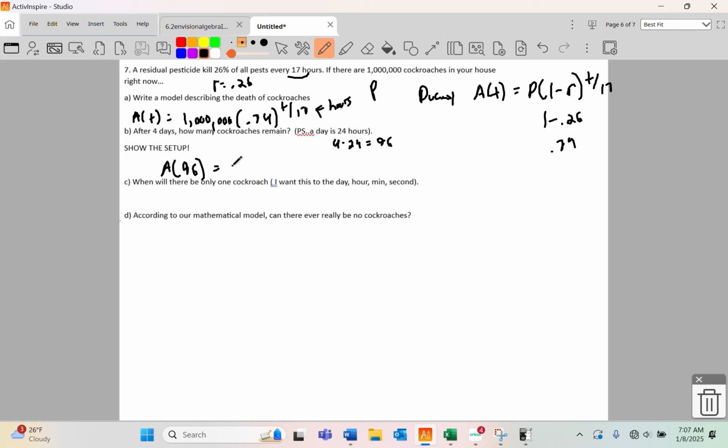So a sub 96 hours is 1,000,000 times 0.74 to the 96 over 17. And we'll just push buttons and we'll see how many cockroaches we have left.